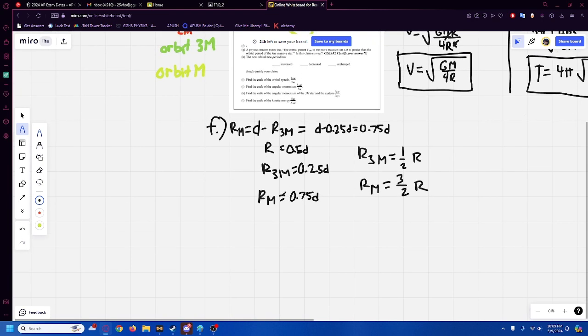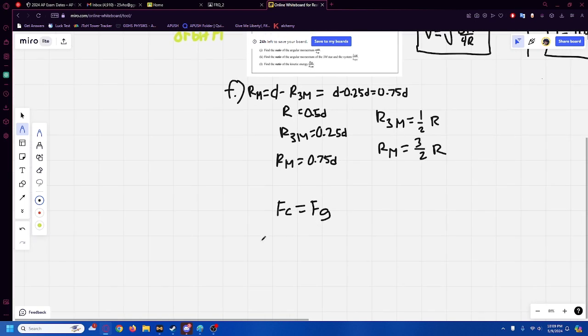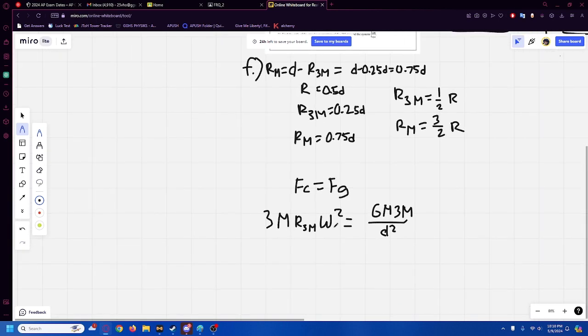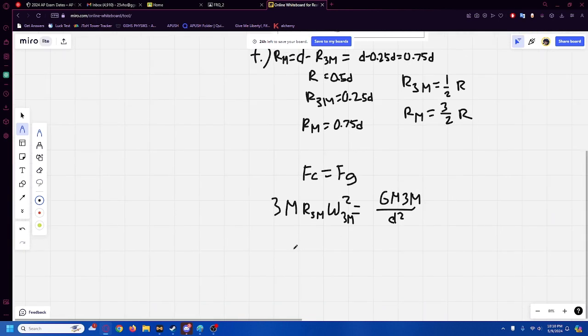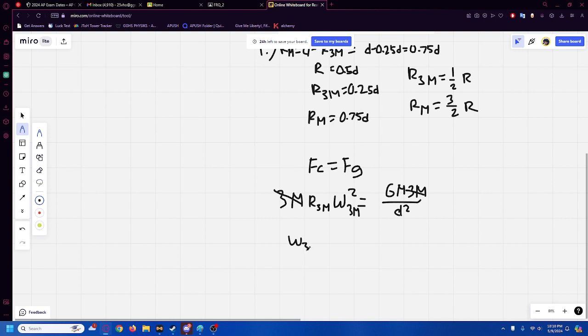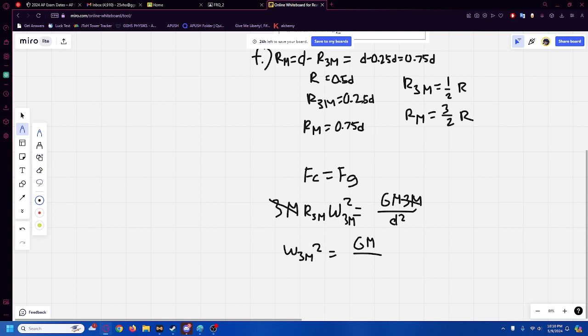So to find omega, we set Fc equals Fg. So M3m R3m omega squared is equal to GMm3m over d squared. So 3m and 3m cancel out. So omega 3m squared is equal to GM over d squared times R3m.